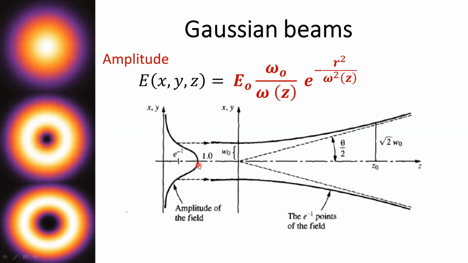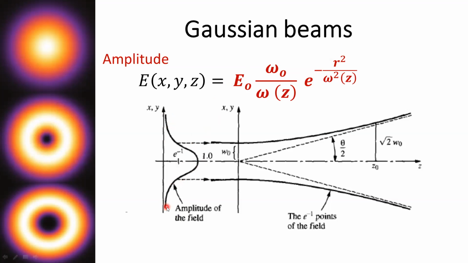The electrical field is equal to E node, or 1 if normalized, and then it goes exponentially to 0 left and right. This is the first graph, when Z equals 0, the function between E and R.